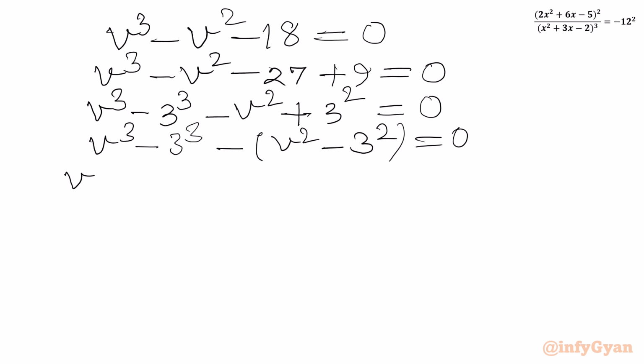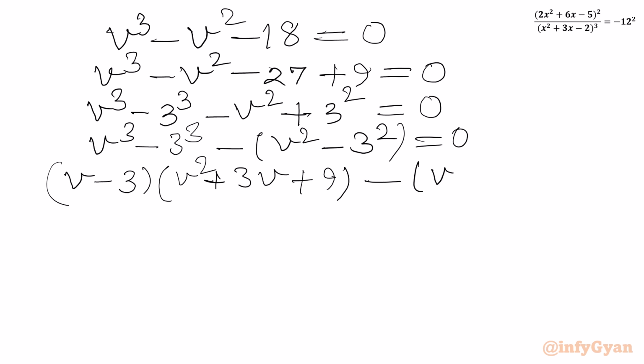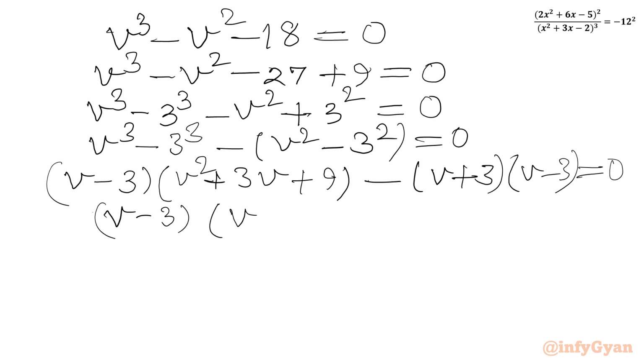Let's use v minus 3 in the first bracket times v square plus 3v plus 3 square, 9, minus v plus 3 times v minus 3 equal to 0. Now v minus 3 is common. In the other bracket we will get v square plus 3v plus 9 minus v minus 3 equal to 0.